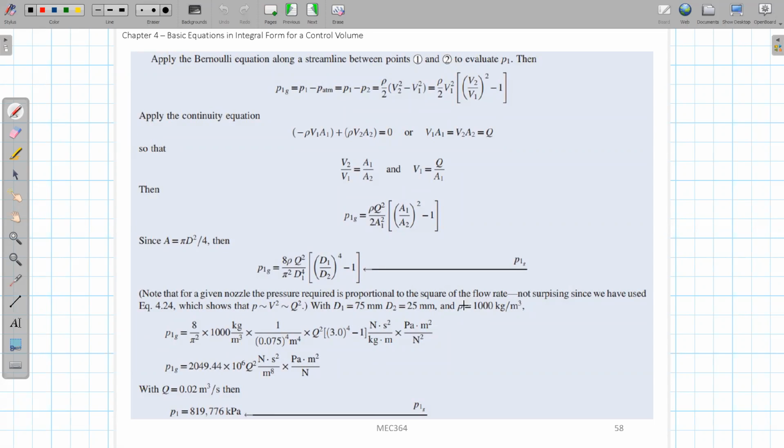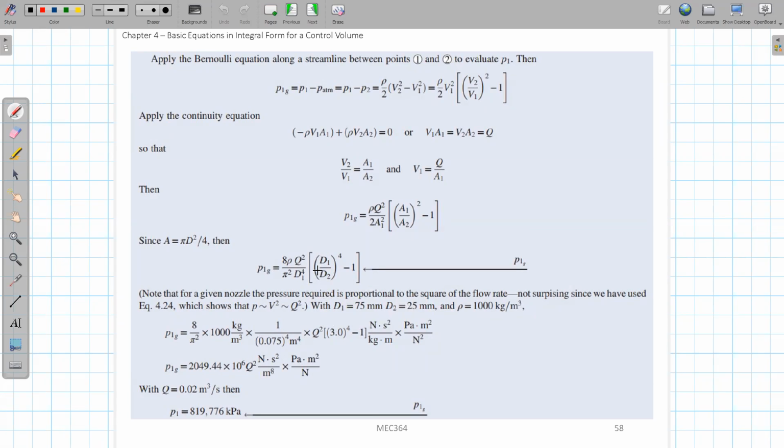If we know the density is 1,000 kilogram per cubic meter, since this is the water density, you just substitute all the values into this equation here. The Q dot value is not known yet.